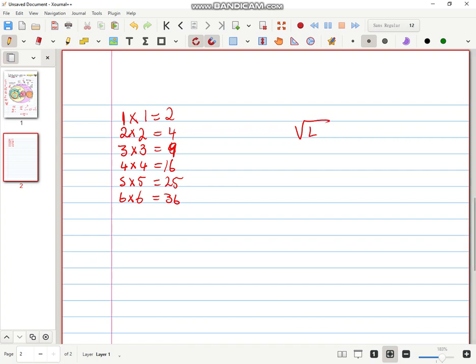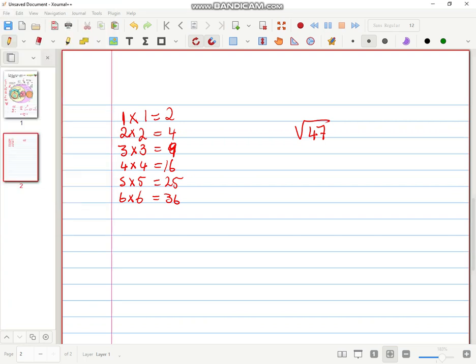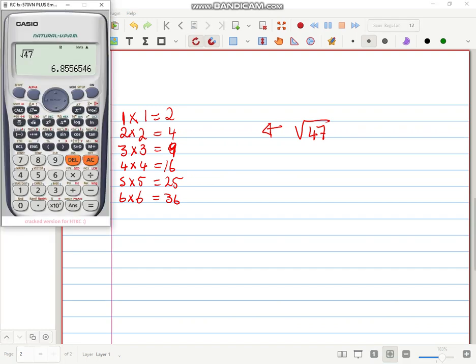You have square root of 47, right? When you have square root of 47, you come to your calculator, you put it in like this, square root of 47, and then you're going to get 6.855 blah blah blah. So that means to go this direction to get an integer, 6 is your perfect square, right?